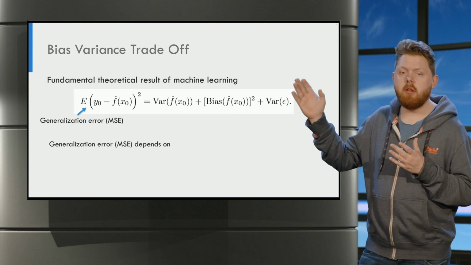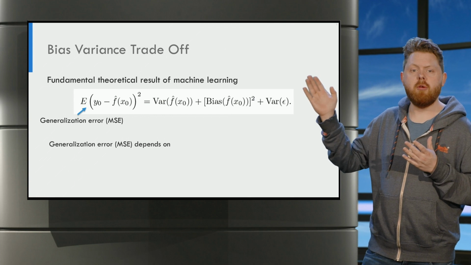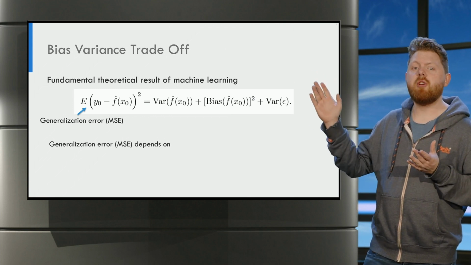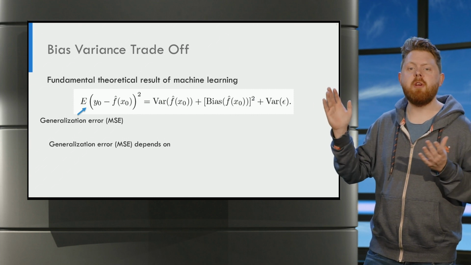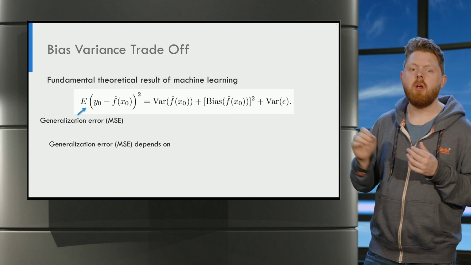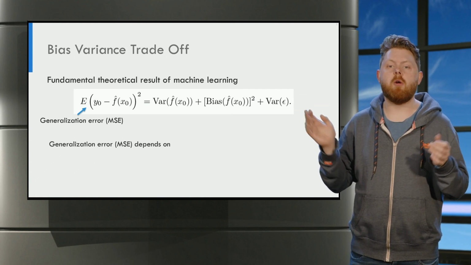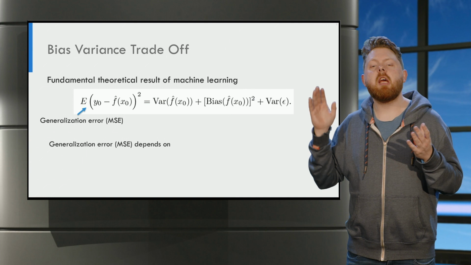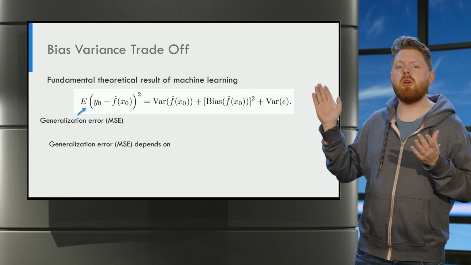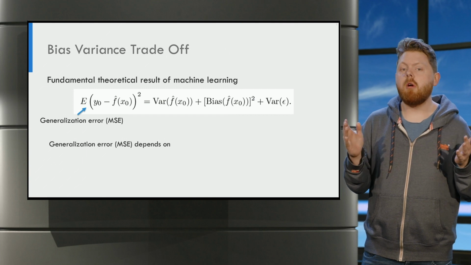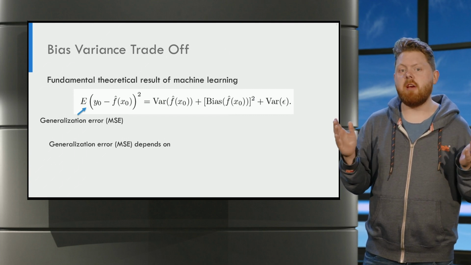Here, y0 is the true label of a new unseen object. F hat is the prediction of our model for the corresponding feature vector x0. We subtract and square them to get to the mean squared error. The capital E denotes the expectation over the data. You can think of this as the error on a very large unseen test dataset.